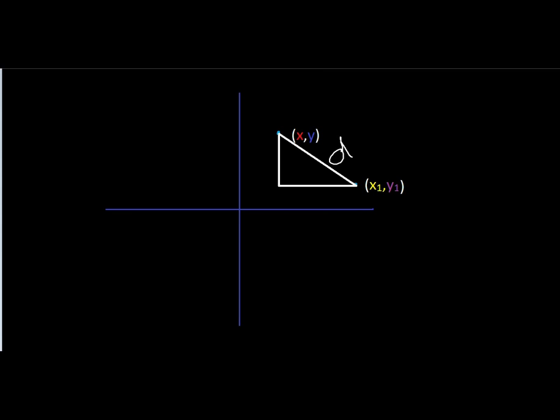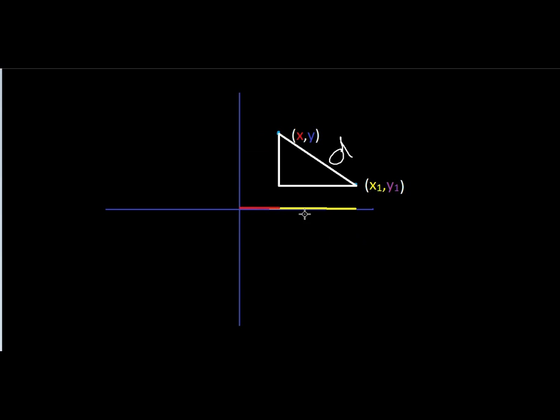So I'm going to find the distance from x sub 1 to the y-axis, and you'll see why in a minute. Let me do that in the color yellow. So this line is the distance from x sub 1 to the y-axis. And let's find the distance from x to the y-axis. So let's draw a line, and this line is the distance from x to the y-axis, and let's drop it down here.